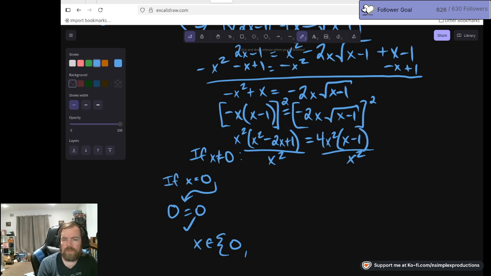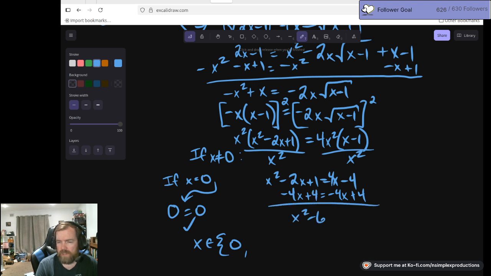Then if x is not 0, we can divide by x squared on both sides, and we end up with, again, x squared minus 2x plus 1 is equal to 4x minus 4. Right, move all that over. Minus 4x plus 4, minus 4x plus 4. x squared minus 6x plus 5 is equal to 0. And again, here, this is a simple job.